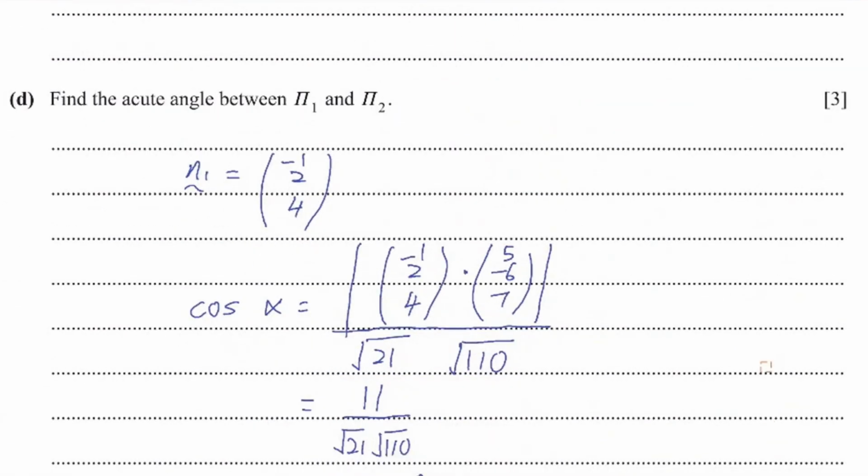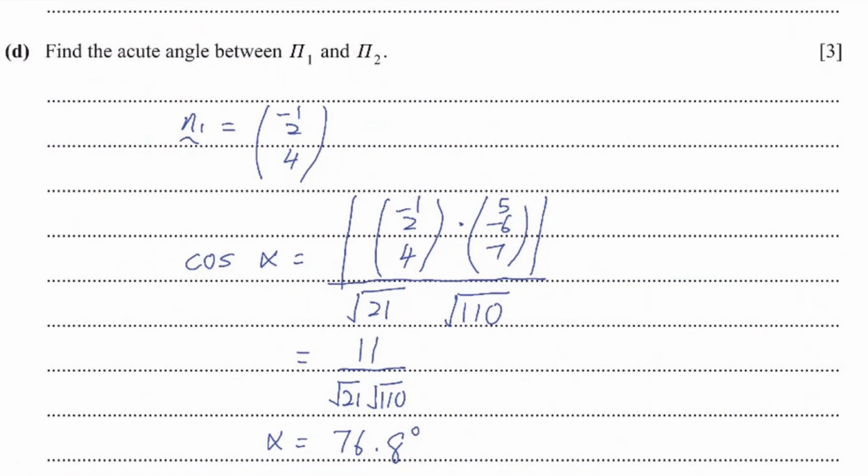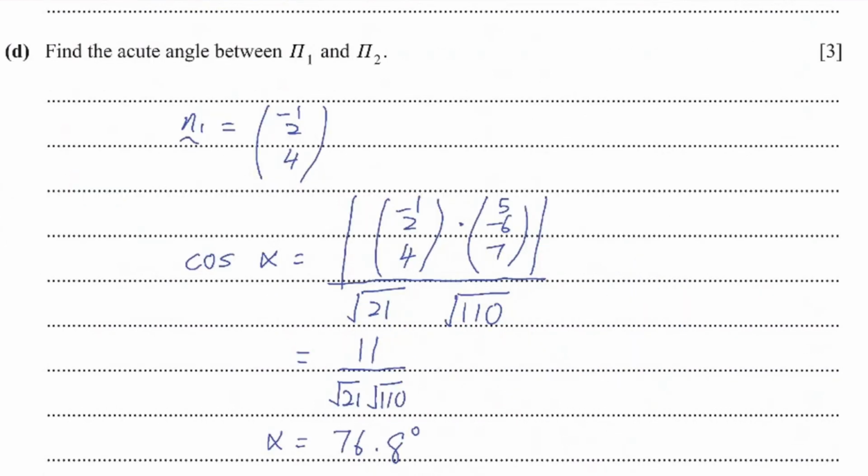So part D, find the acute angle between pi 1 and pi 2. Basically, we need to find the normal for pi 1. Because these two vectors are parallel to the plane, we can cross these two vectors in order to get the normal.